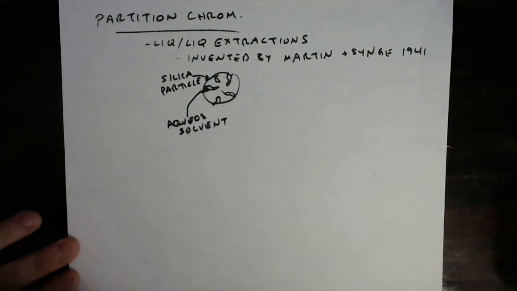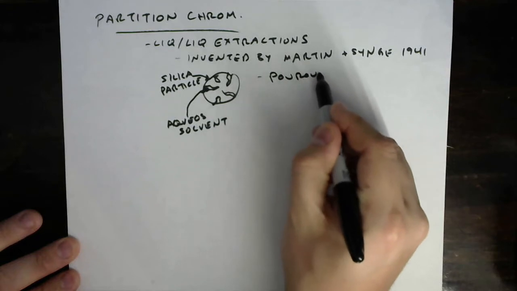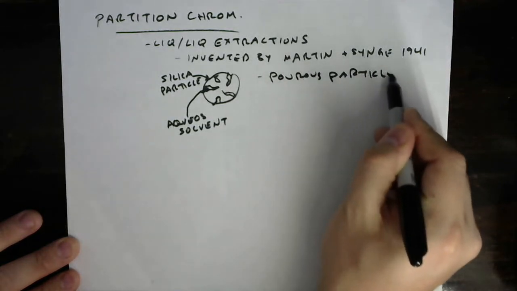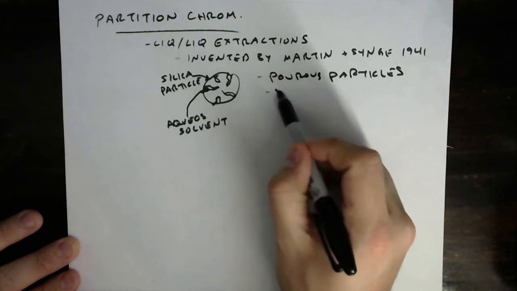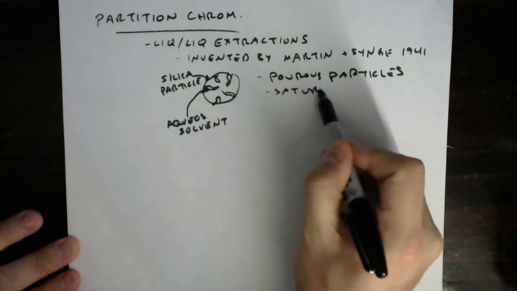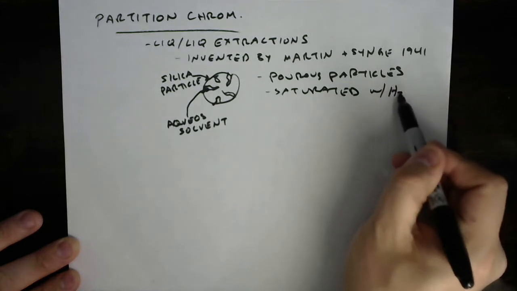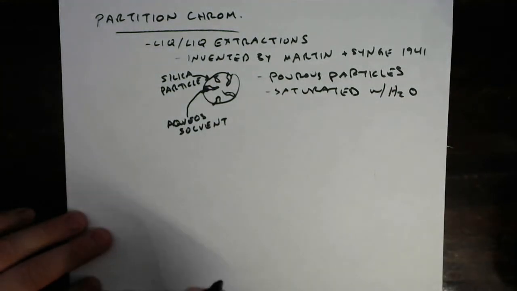So these are porous particles. And this, by the way, is all review from something we talked about a few weeks ago. They are saturated with water, some aqueous, probably a buffered aqueous solvent.